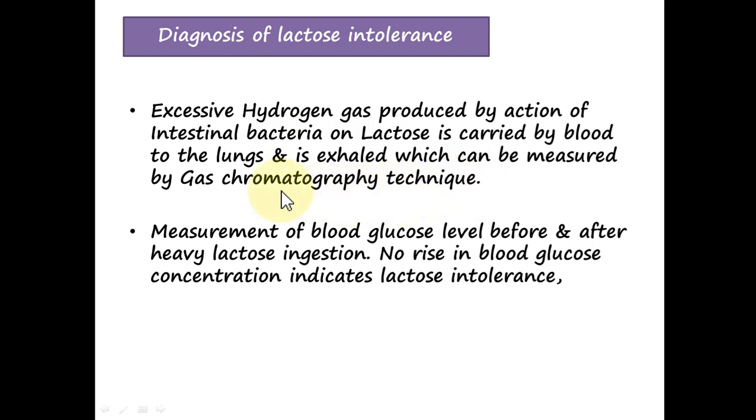And we have a technique known as the gas chromatography technique, which can measure the presence of hydrogen gas in the expired air. So we can use the gas chromatographic technique, and if the amount of hydrogen exhaled is greater than the defined or reference values, we can say that this is due to lactose intolerance.